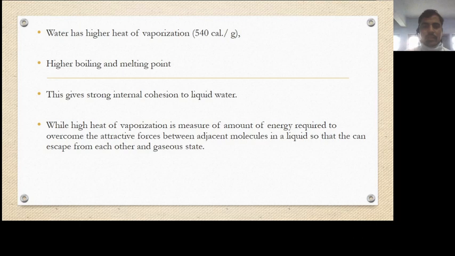Because of this, water has higher boiling and melting points, and this gives strong internal cohesion to liquid water. The high heat of vaporization is a measure of the amount of energy required to overcome the attractive forces between adjacent molecules in a liquid so that they can escape from each other into the gaseous state.